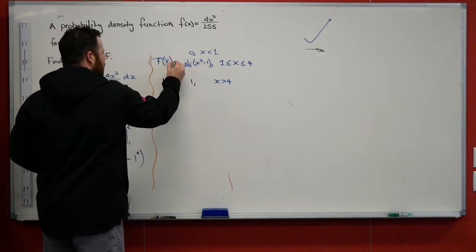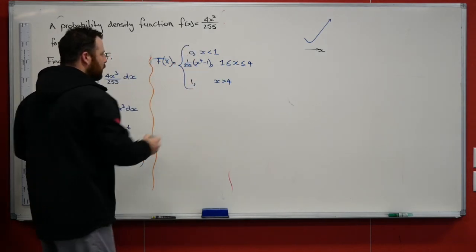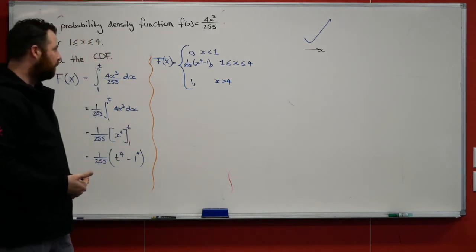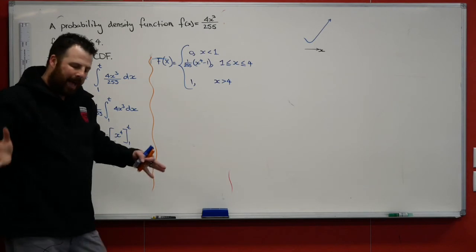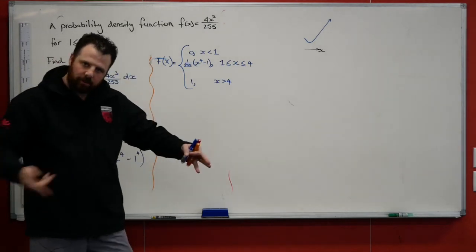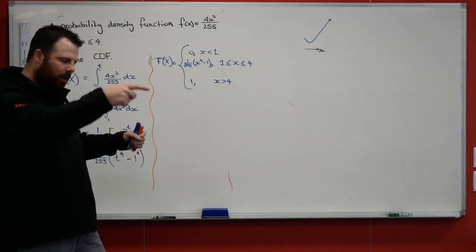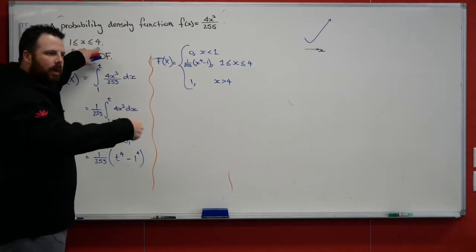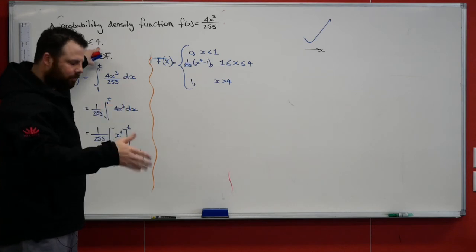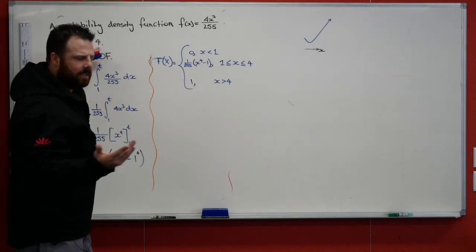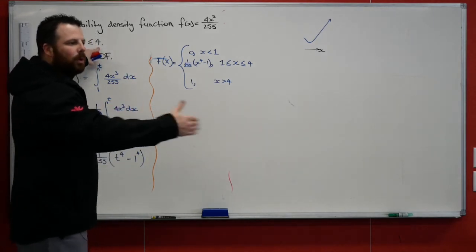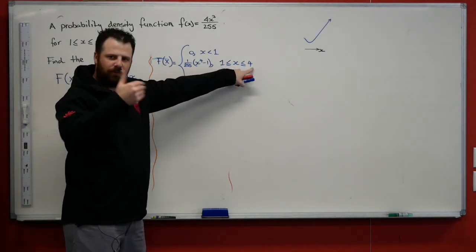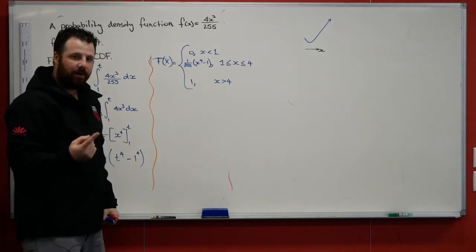And remember that this whole idea of a CDF, a cumulative distribution function, is to add up all of the areas under the curve. Now remember, under the curve between 1 and 4, it has to add to 1, because it's a probability density function. If I'm adding all of the areas between 1 and 4, it needs to add together to give 1.